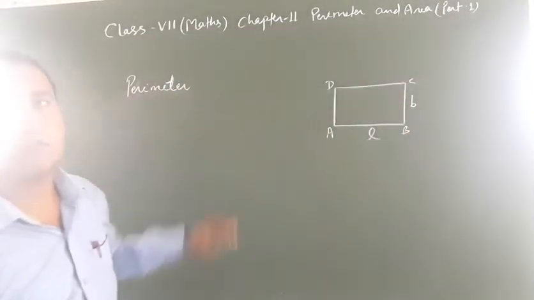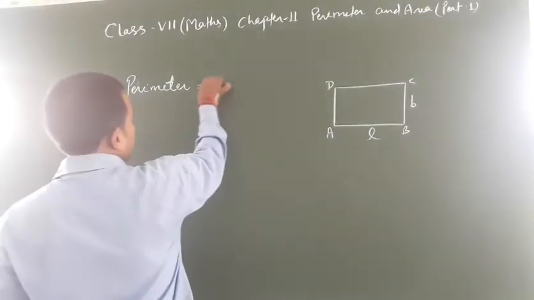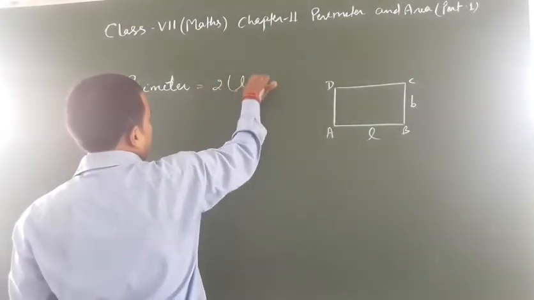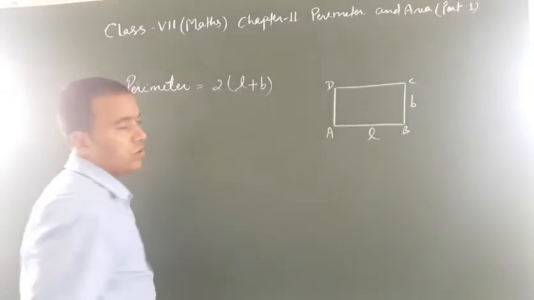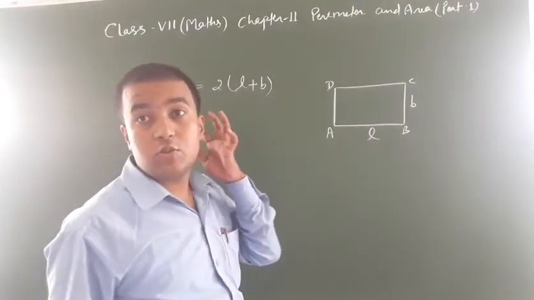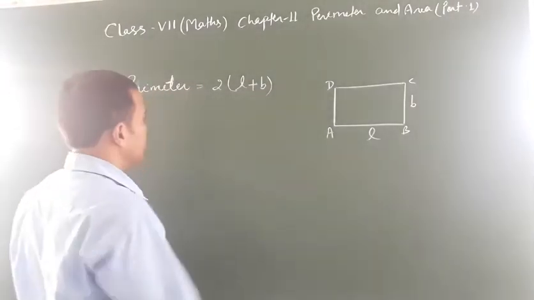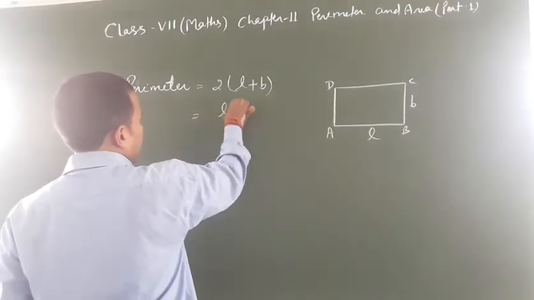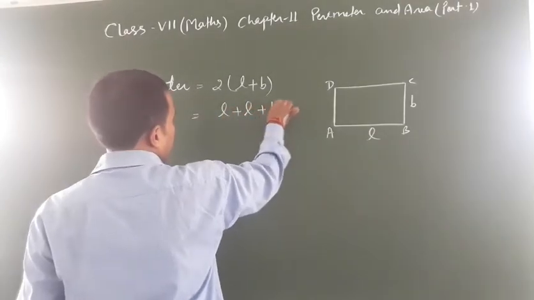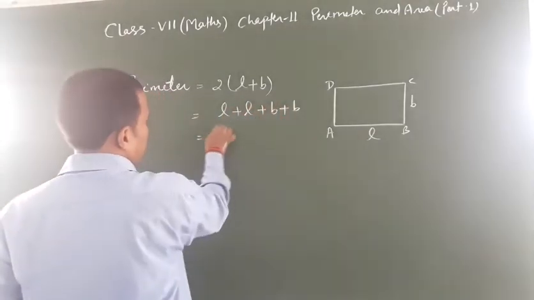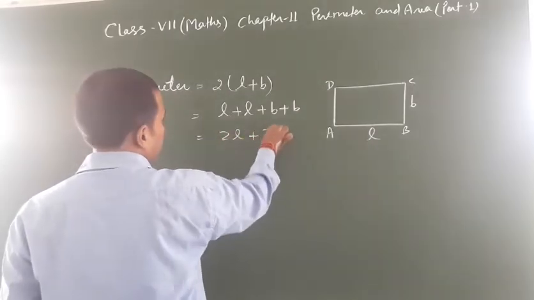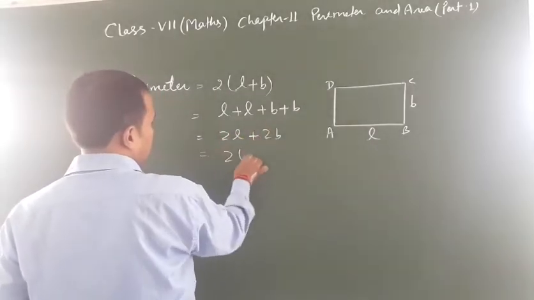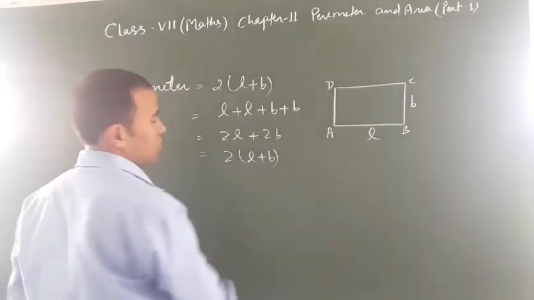Perimeter of a rectangle means 2 into (length plus breadth). Why have we taken 2(L plus B)? L plus L, B plus B is 2L plus 2B, 2 common, so 2(L plus B).